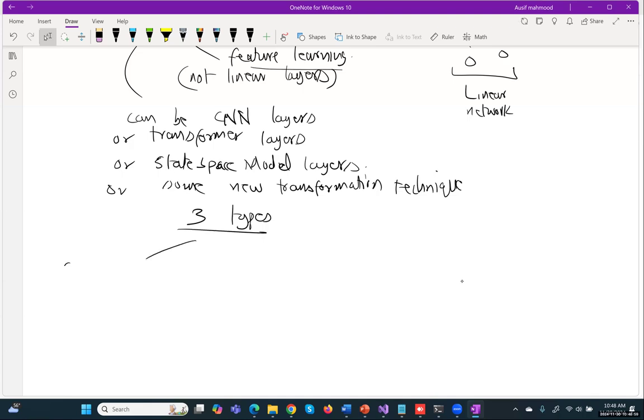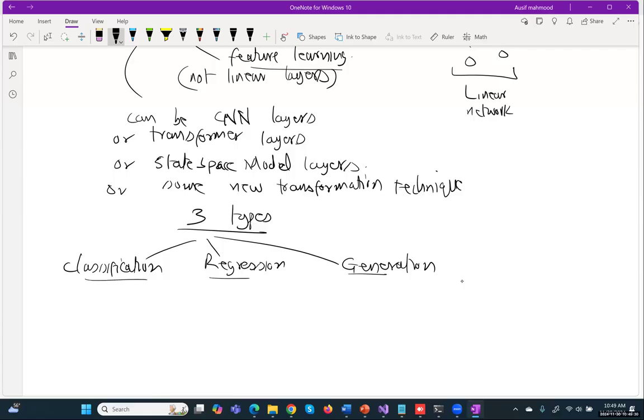Okay, one is, of course, classification. And one is regression, as you already saw in assignment number 6, and generation, like ChatGPT or like image generation through stable diffusion. Some of you might have heard of that.